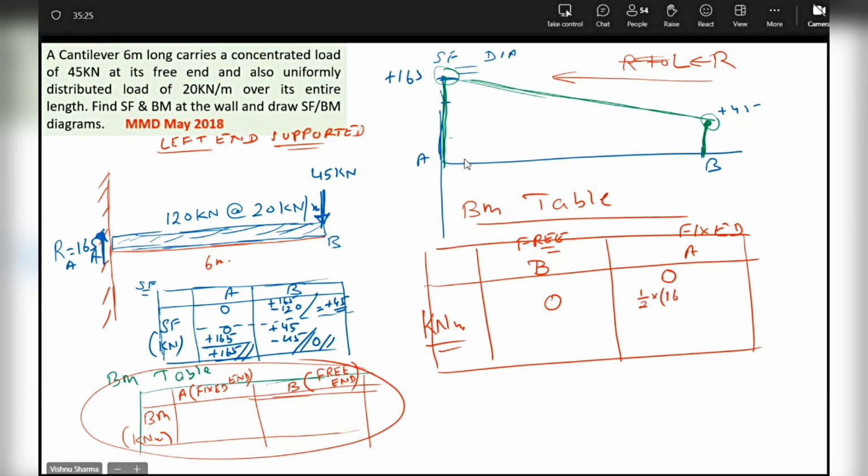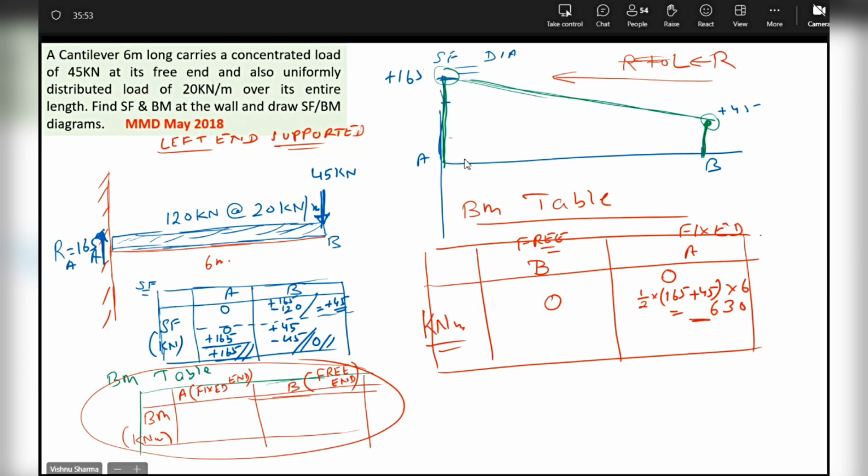Sum of the two sides, 165 plus 45, into the length of the beam, 6 meters, divided by 2. This becomes 210 into 3. How much does it become? 630, am I right? 210 into 3 will be 630. Correct?